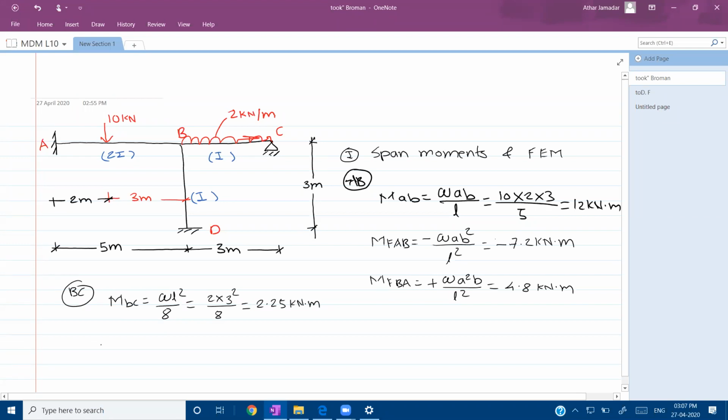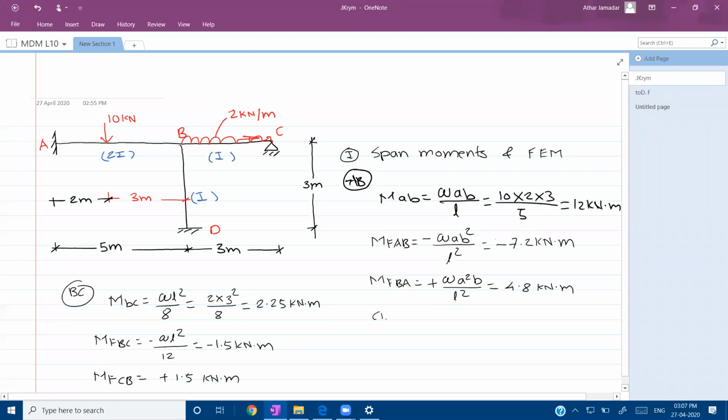Then fixed end moment BC, MFBC, is going to be minus WL square divided by 12. So this is equal to minus 1.5 kilonewton meter. Similarly, MFCB is going to be the same value but in positive sense. So positive 1.5 kilonewton meter.